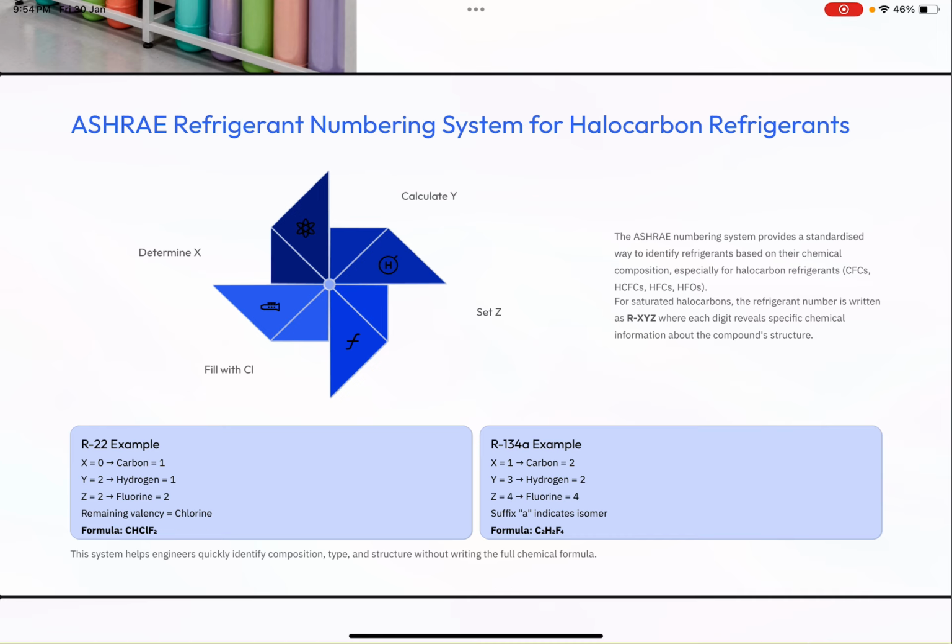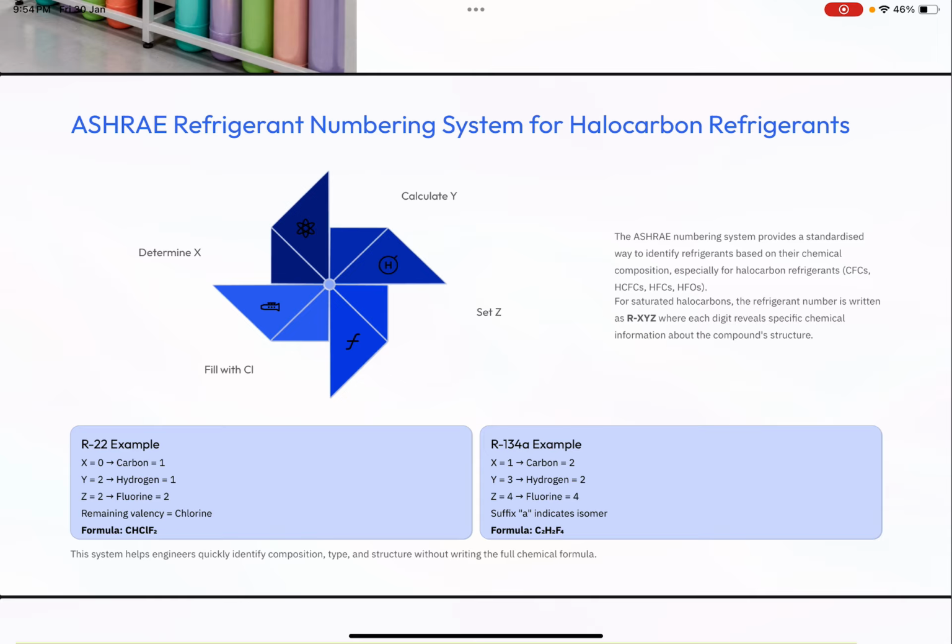In the ASHRAE numbering scheme, we would call it the XYZ rule. So, a refrigerant would be named as RXYZ.